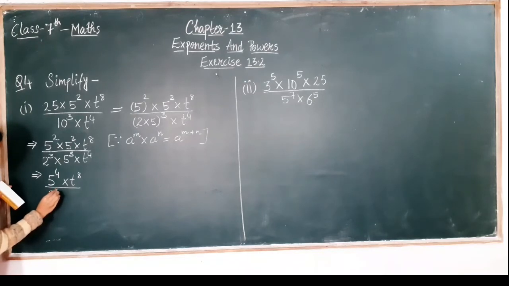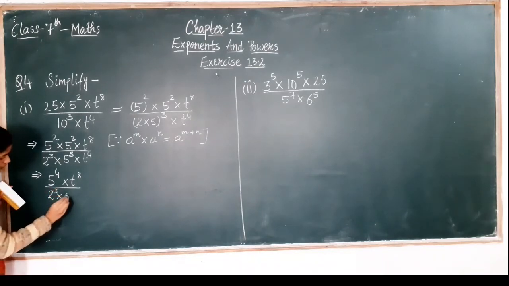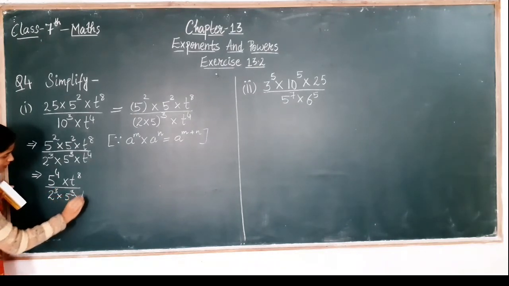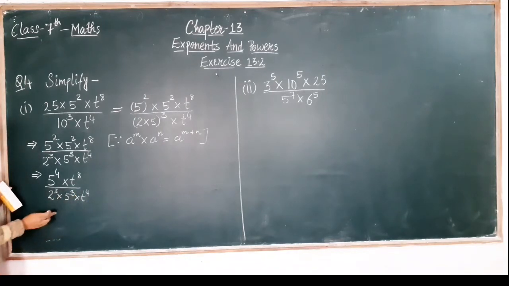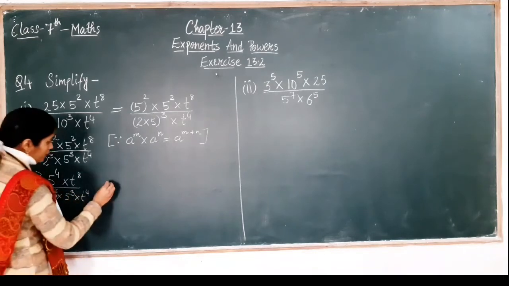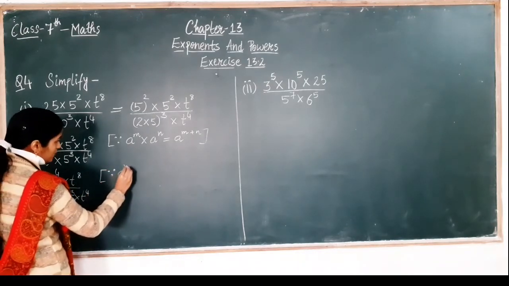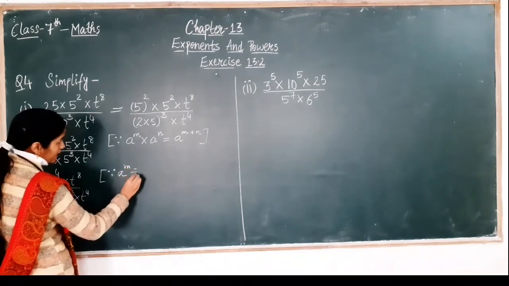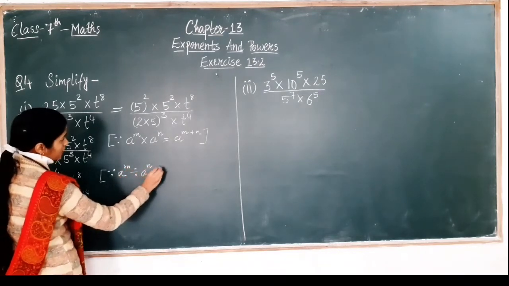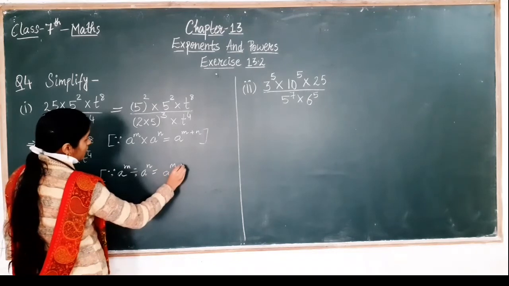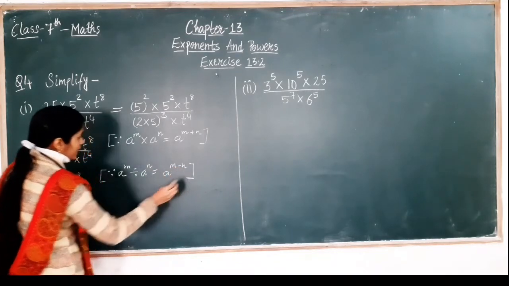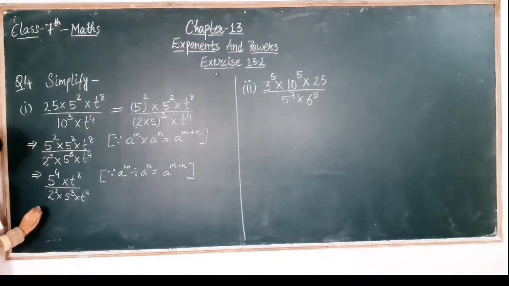2 raised to the power 3 multiplied by 5 raised to the power 3 multiplied by t raised to the power 4. So for further solving, we will use another formula, that is, a raised to the power m divided by a raised to the power n is equal to a raised to the power m minus n.